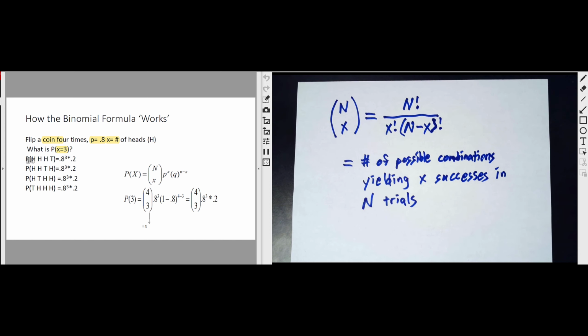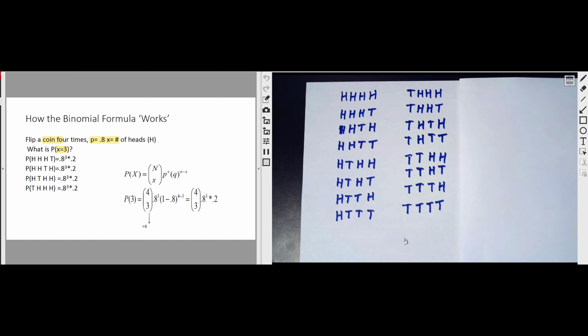Well, if you imagine flipping a coin 4 times, then the possible outcomes include things like head, head, head, head; head, head, head, tail; head, head, tail, head; head, head, tail, tail. Here I have jotted down the possibilities of heads versus tails if we flip a coin 4 times.